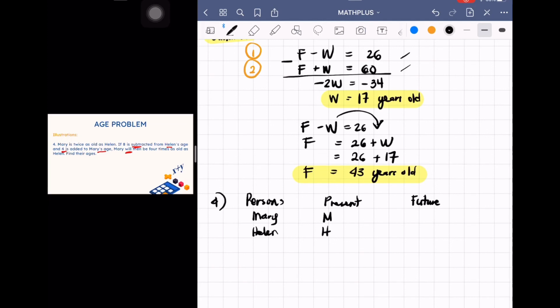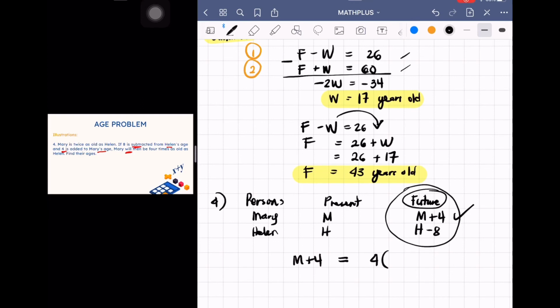So, we're going to deduct 8 from Helen's age in this specific time frame, so that's H minus 8. And we're going to add 4 to Mary's age, so that's M plus 4. In this particular time setting, Mary, which is M plus 4, will be, that's an equal sign, 4 times as old as Helen. So that's H minus 8.